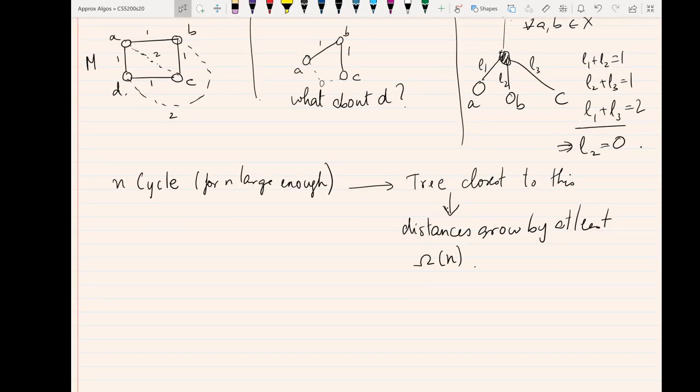So it seems that there is no simple way to look at this example of a cycle metric as being close to any tree metric. And this is where we will introduce the notion of randomization, because while a cycle metric may not be exactly equal to or close to a single tree metric, we can consider randomized distributions over trees.